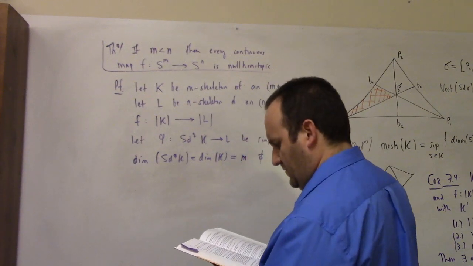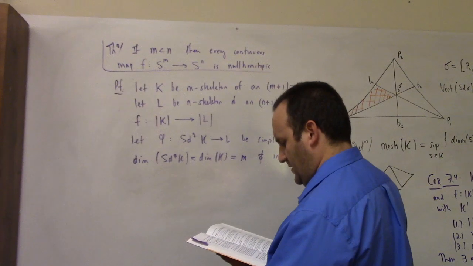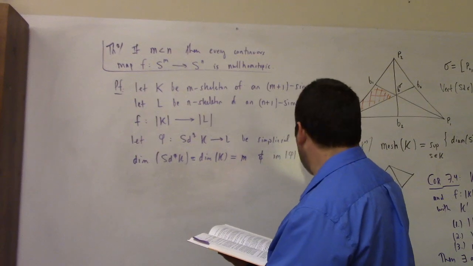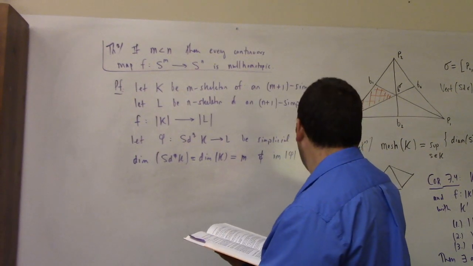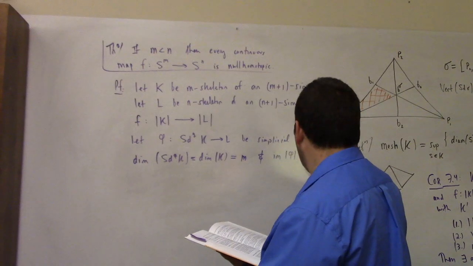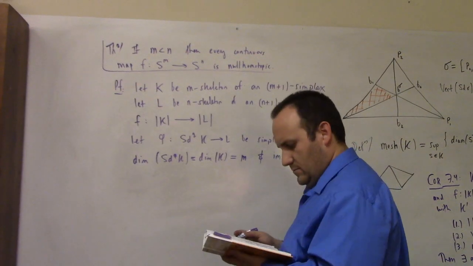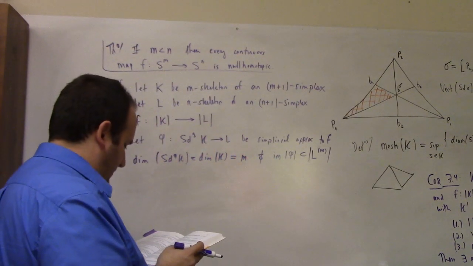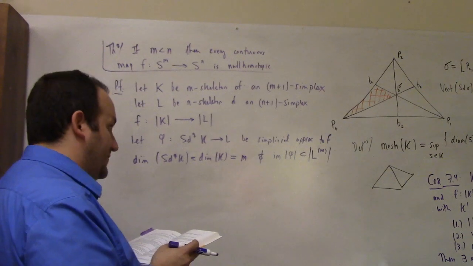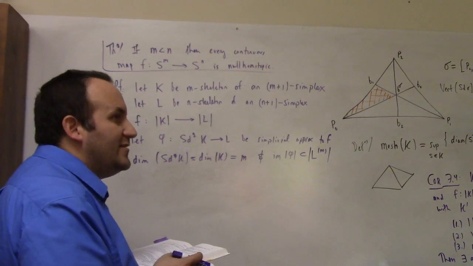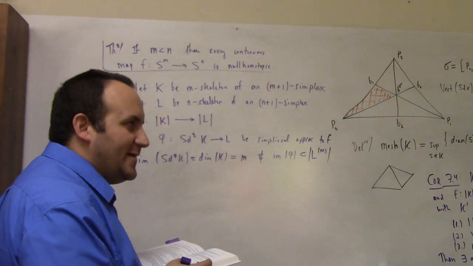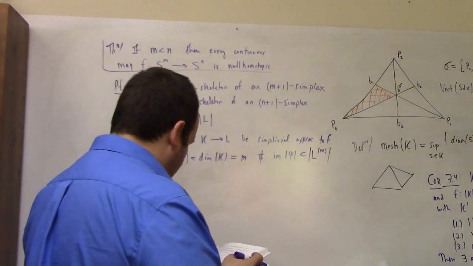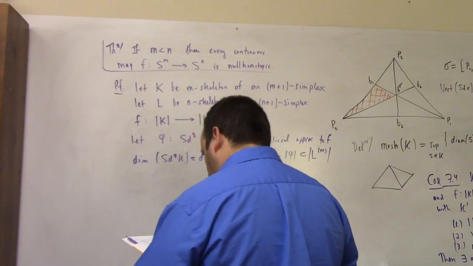The functor maps the complex to the underlying space. Okay. So the image of the induced map is a subset of the underlying space of the m skeleton of L. And so phi is not surjective.